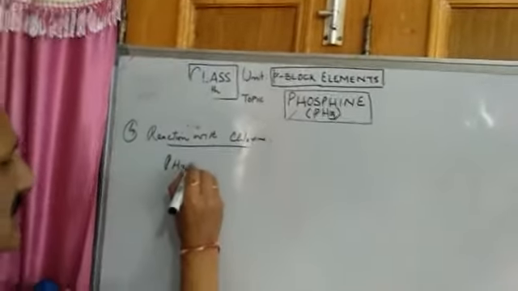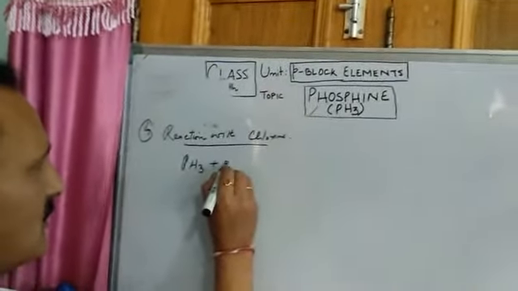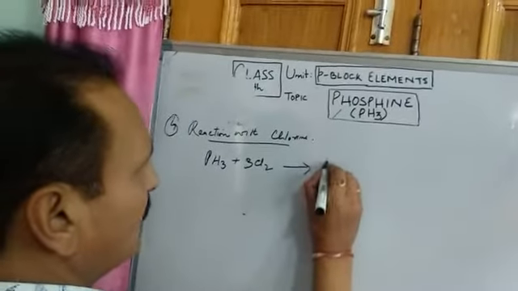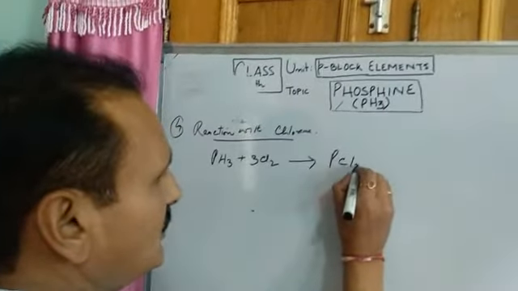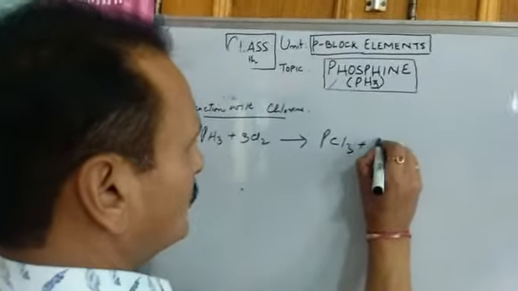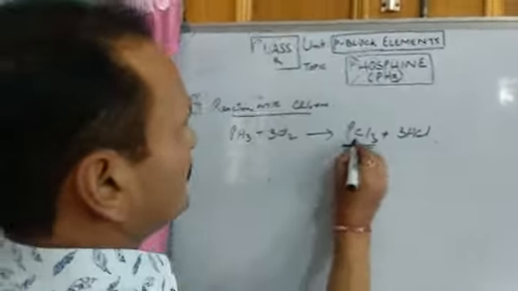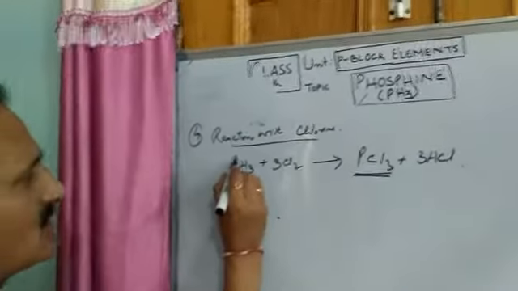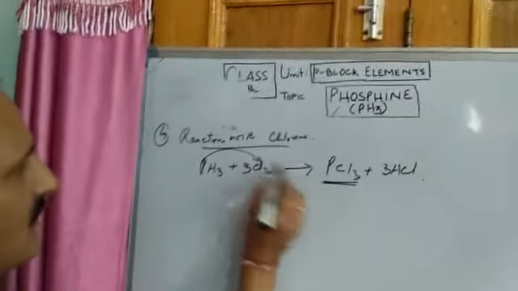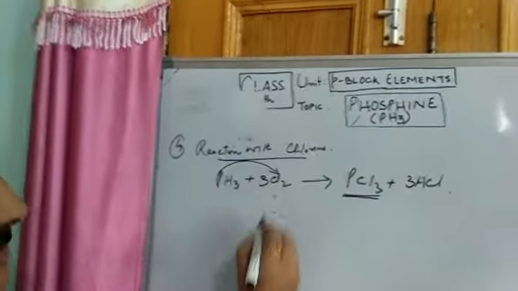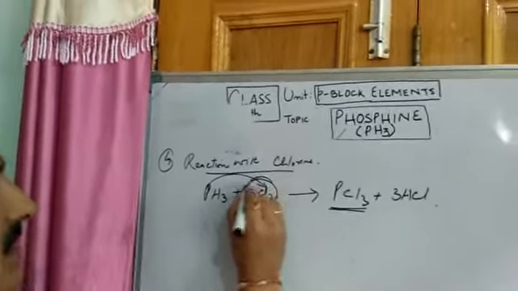When phosphine is treated with chlorine, it forms phosphorus trichloride along with hydrochloric acid. The phosphorus combines with chlorine and forms phosphorus trichloride along with HCl. So this was reaction with chlorine.